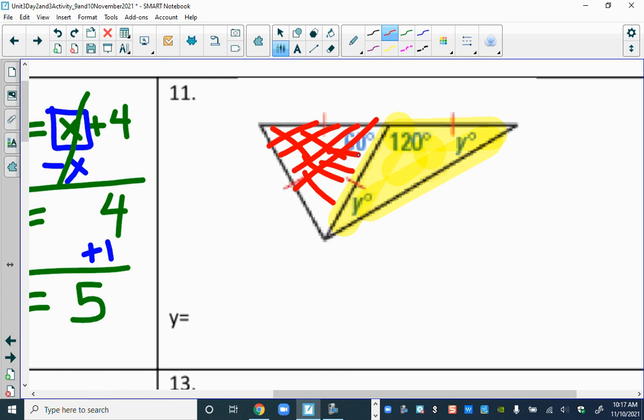What do we know about the sum of these three angles? What must be the sum of the 120 and the two y's? They're going to be the same. That's true. We could do 180 minus 120. 2y plus 21 equals 180.